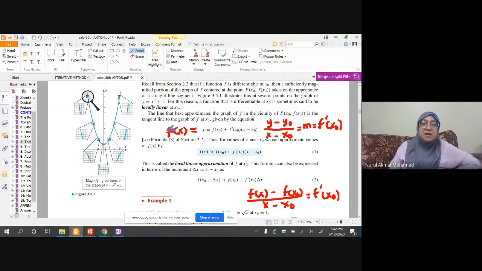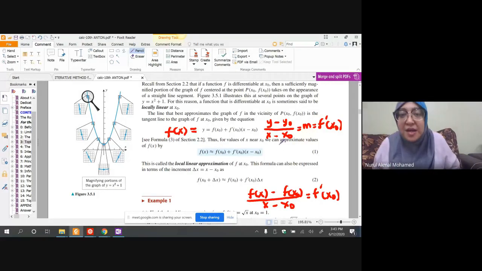But what we can say is that f of x, the approximation of f of x here, is approximately equal to the right hand side of this. Before this it was y, not f of x. Why this is possible is because of the values of x near x naught.